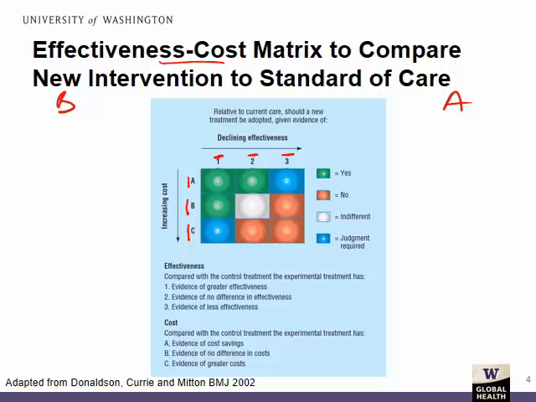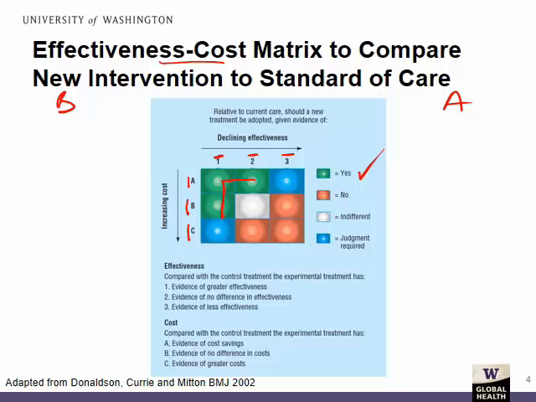So you have three situations in which the intervention should be adopted, and that is when the new intervention increases effectiveness and reduces cost, increases effectiveness and does not affect cost, or does not affect effectiveness but reduces cost. So you have this green area here.